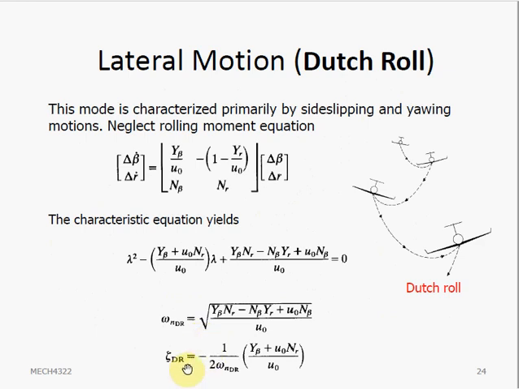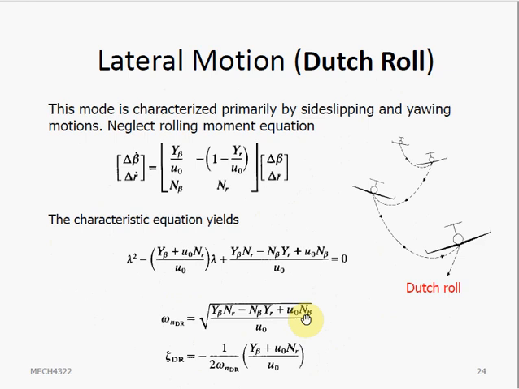The Dutch roll can be of high frequency or low frequency, and it can be lightly damped or heavily damped, and the characteristics all depend on the values of the stability derivatives in this equation. It might not be very straightforward to see from these approximate equations, but in general, a good Dutch roll motion is achieved with high directional stability. A high Cn beta term would give a better Dutch roll motion.